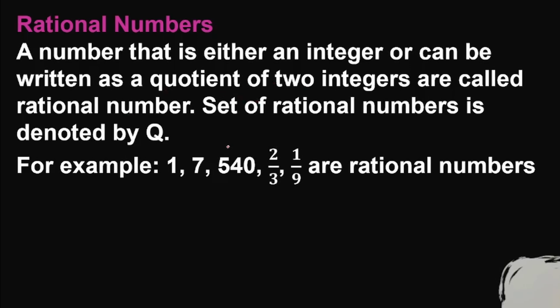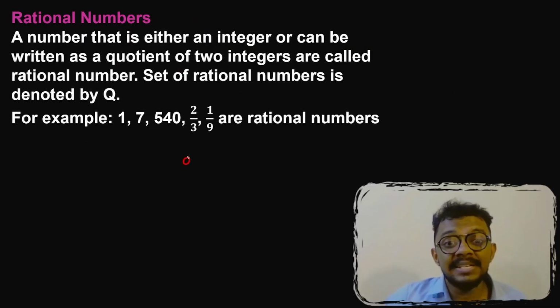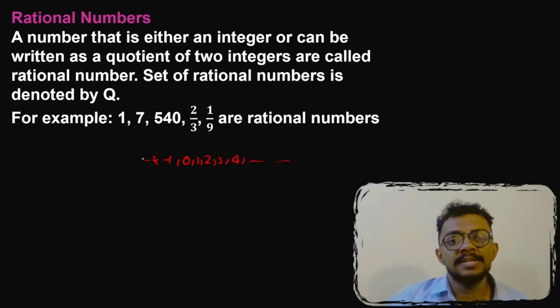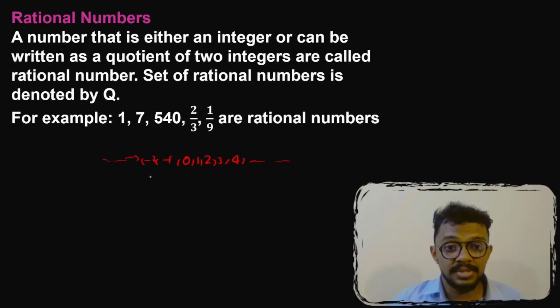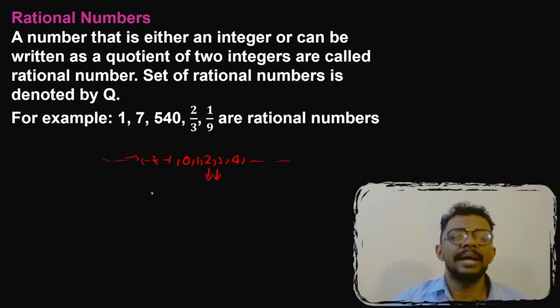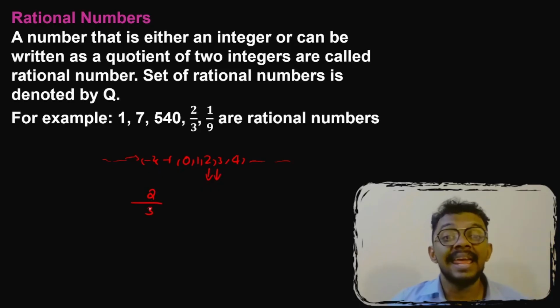So each and every integer, 0, 1, 2, 3, 4, etc., minus 1, minus 2, minus 3, etc., is a rational number. Now, if I am considering any two integers, maybe 2 and 3, then 2 divided by 3 is a rational number.